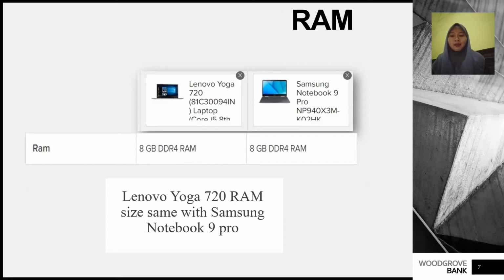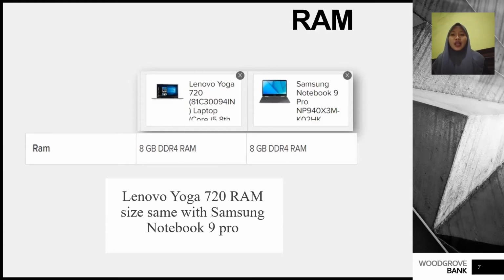RAM is random access memory, the temporary data storage space that a computer needs to access right now or in the next few moments. Specification of RAM: Lenovo Yoga 720 RAM is 8 GB DDR4 RAM, and Samsung Notebook 9 Pro RAM is 8 GB DDR4 RAM.